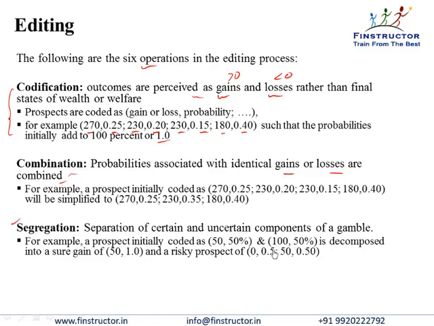This will be thought of as a 100% chance of getting $50, because in either case I'm definitely getting $50. And then a 50% chance of getting nothing and a 50% chance of getting $50. So instead of thinking of it as $50 at 0.5 and $100 at 0.5, I'll think of it as a sure $50, and a 50% chance of getting nothing and 50% chance of getting $50. So I codify, then I combine, then I segregate.